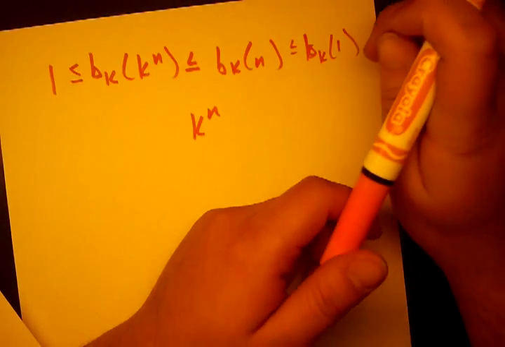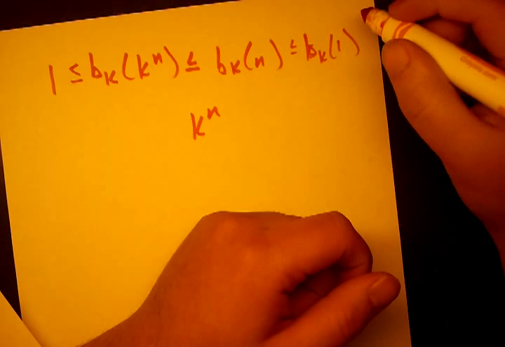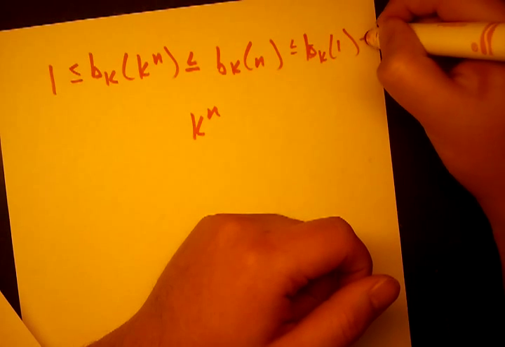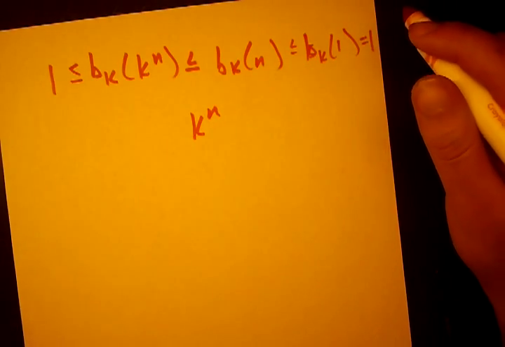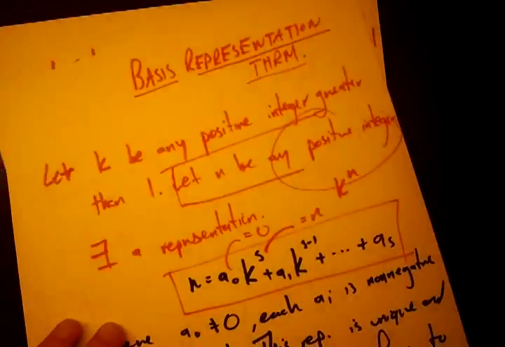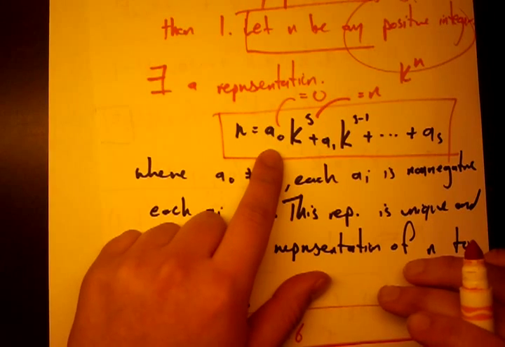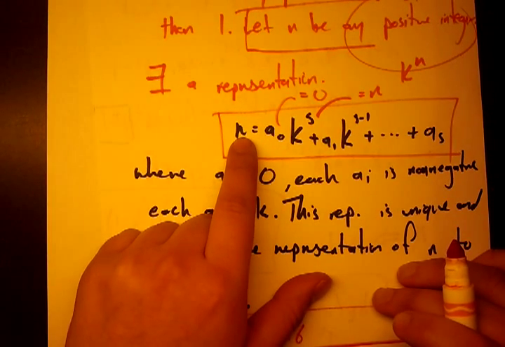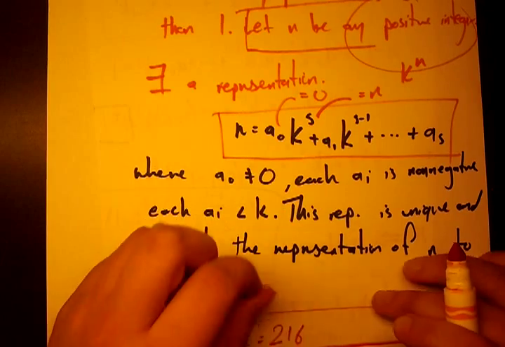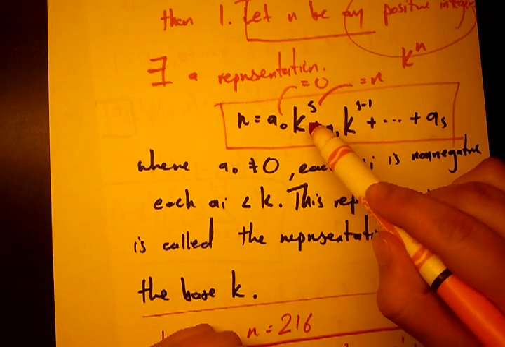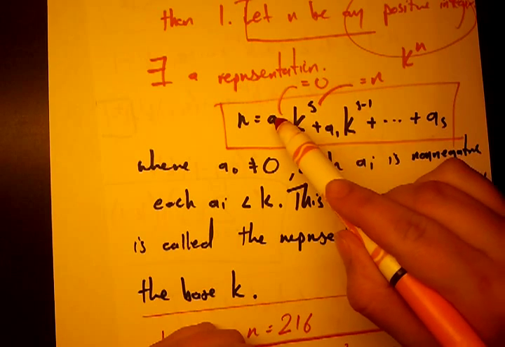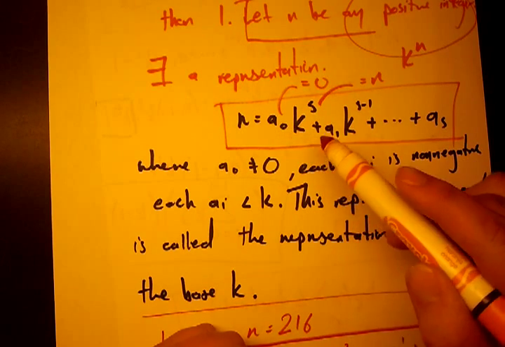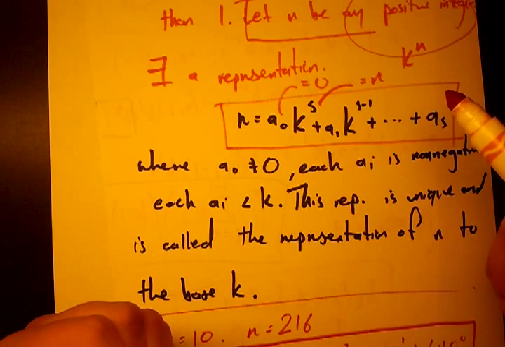The last thing we need to show is that b sub k of 1 is equal to 1, because 1 has only one representation to the base k. Let's show what it is. Remember our definition right here. The only way to write 1 in any base: s is going to have to be 0, and a naught is going to have to be 1, because that's the only possible way we can do it.